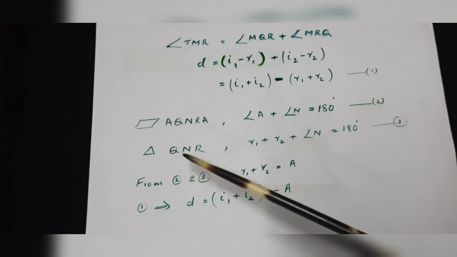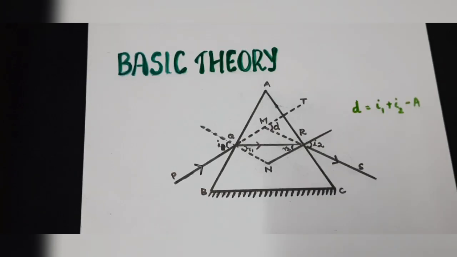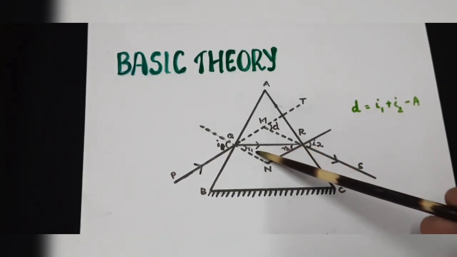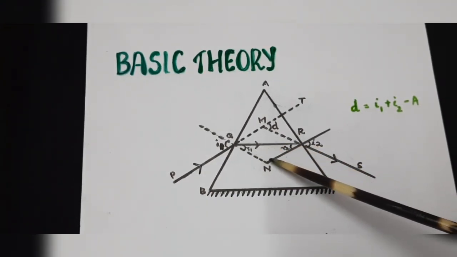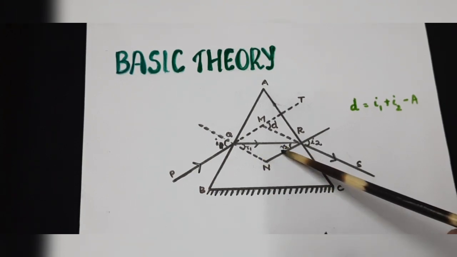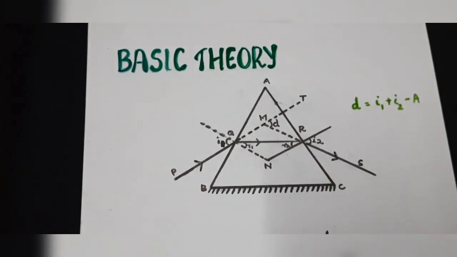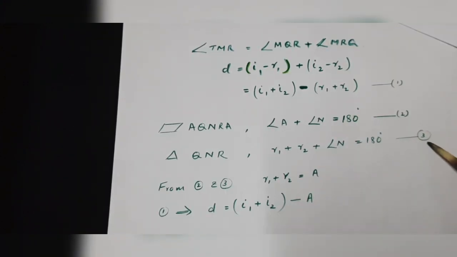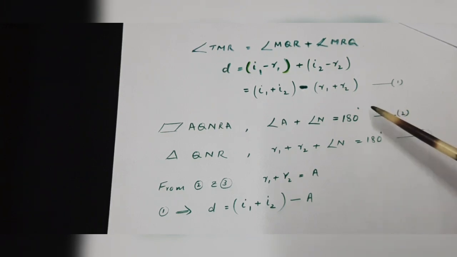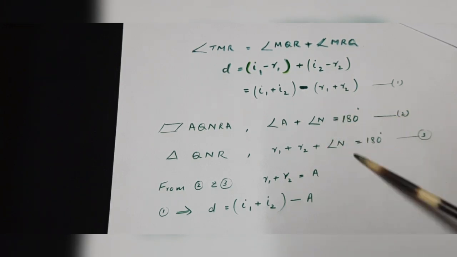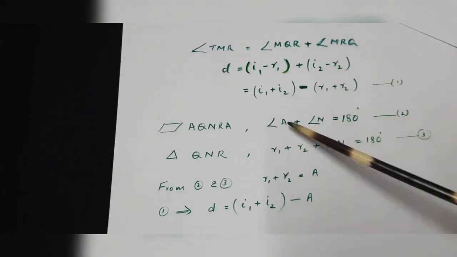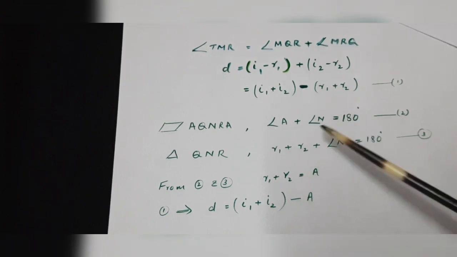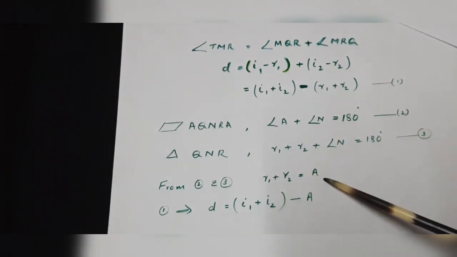Now consider the triangle QNR. The sum of the angles of a triangle should be 180. So I can write R1 plus R2 plus angle N equals 180. That is my equation number 3. Now, from equations 2 and 3, I can interpret that angle A equals R1 plus R2, because angle N is the same in both.